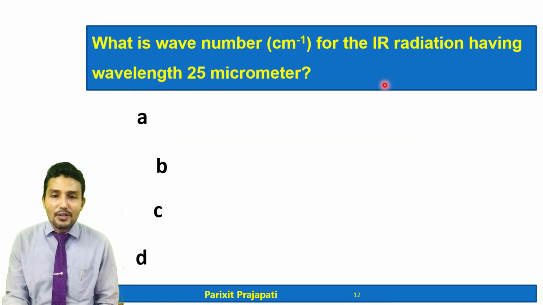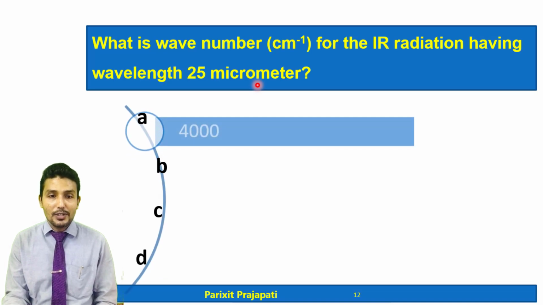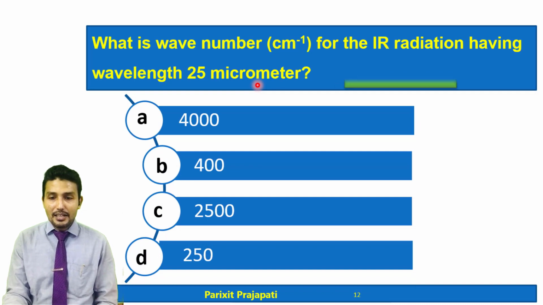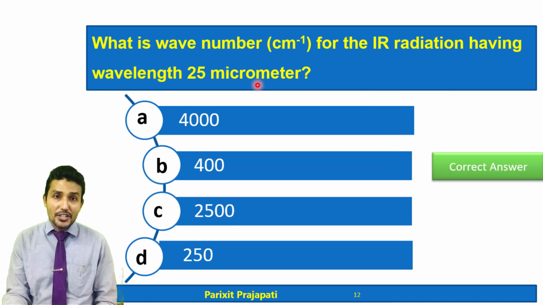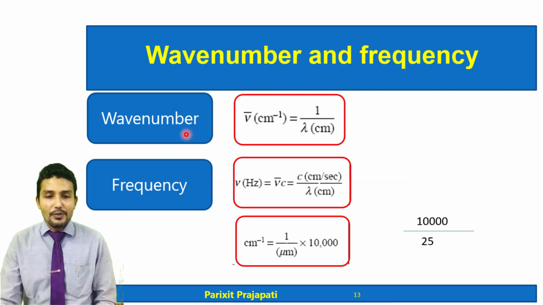Next, what is the wave number in centimeter inverse for IR radiation having a wavelength of 25 micrometers? Here the wavelength is given, and you have to calculate the wave number in centimeter inverse. The correct answer comes to 400. Now let us see how. Wave number nu bar is given by 1 by lambda, where lambda is in centimeters.